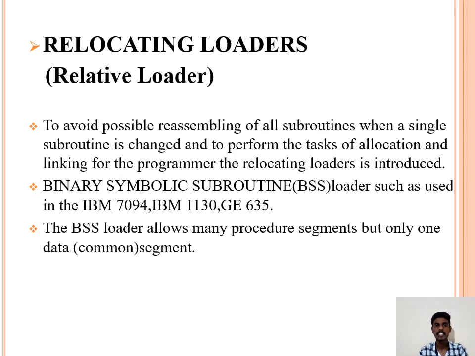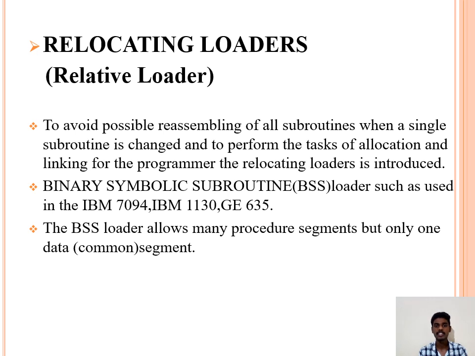Now coming to the relocating loader, which is also called the relative loader. To avoid the possible reassembling of all the subroutines when a single subroutine is changed, and to perform the task of allocation and linking for the programmer, the relocating loader was introduced.